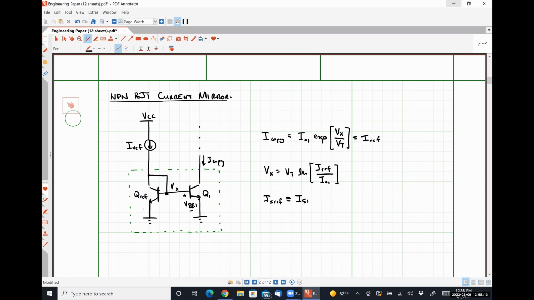Meaning that transistor QREF and transistor Q1 need to be perfectly matched, right?